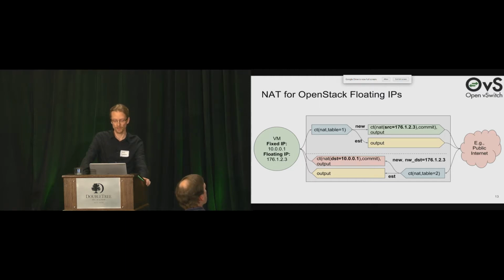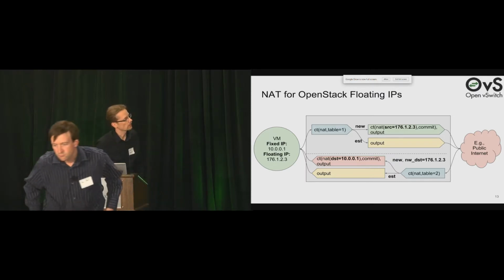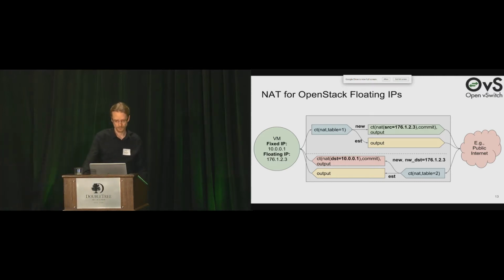So in that case, the reverse NATing of the floating IP happened in the first conntrack action on the bottom right. And the same happens similarly to the incoming connections from the public internet side on the red case where the destination address is NATed.